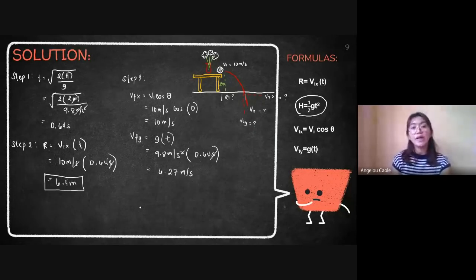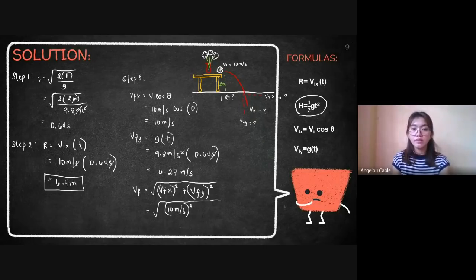Now that we already have the v of x and v of y, we can calculate the resultant velocity, or the final velocity, which is vf is equal to the square root of vfx squared plus vfy squared. So the square root of 10 meters per second squared plus 6.27 meters per second squared.